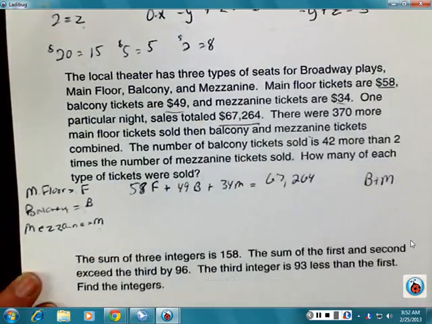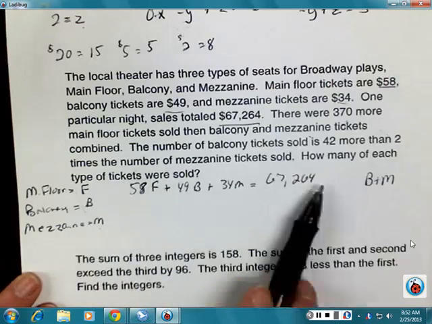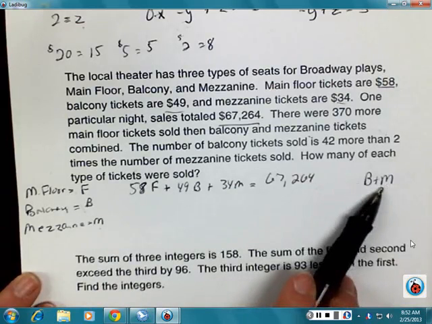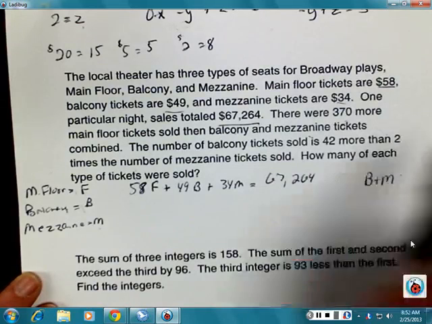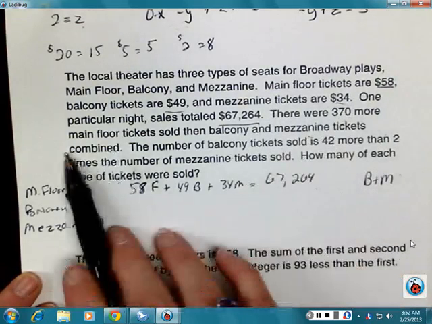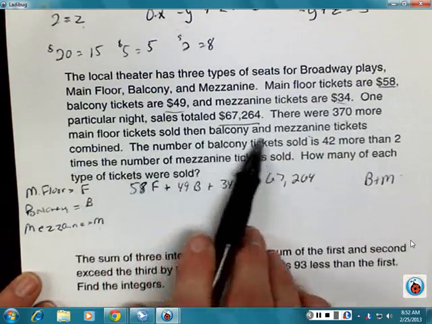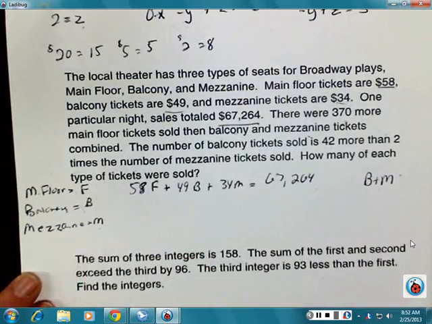But what happens with this 370? Well, it'd be F plus 370. Is it F plus 370 on this side equals this? No, it's plus 370 equals F. Or would it equal 370? There were 370 more main floor tickets sold than balcony and mezzanine tickets combined. That's the trickiness of this thing. Would it be 370 minus?